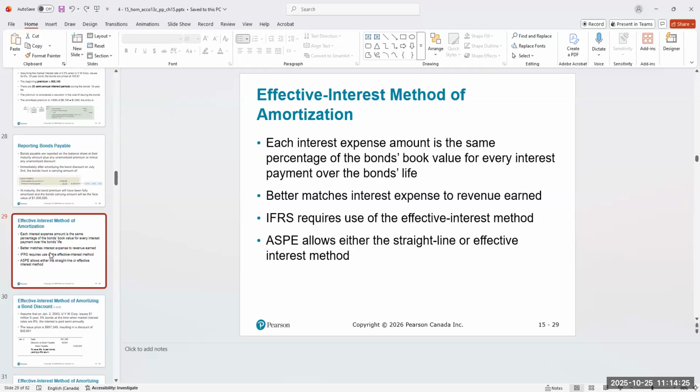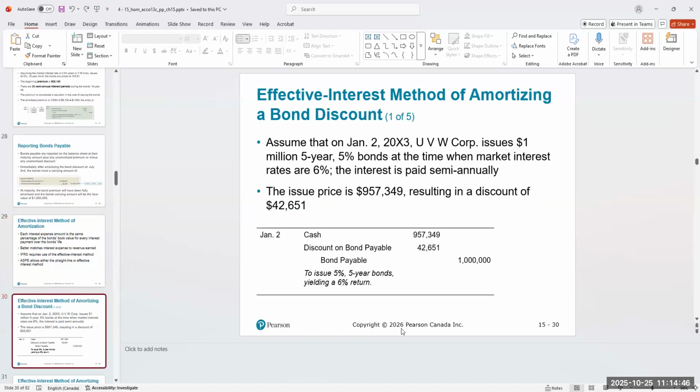That's why the straight line method is shown here, because this whole course is under accounting standards for private enterprises. And as you can see, the course is basically for next year, so that's a very current edition of the textbook. So, how is the effective interest rate going to work?